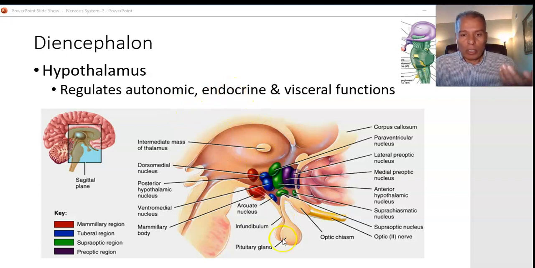As I mentioned, control of milk, sexual drive, thirst. The hypothalamus has connections with the inside of the blood vessels, and it can measure the osmolarity, the acidity level and alkalinity level of the blood.